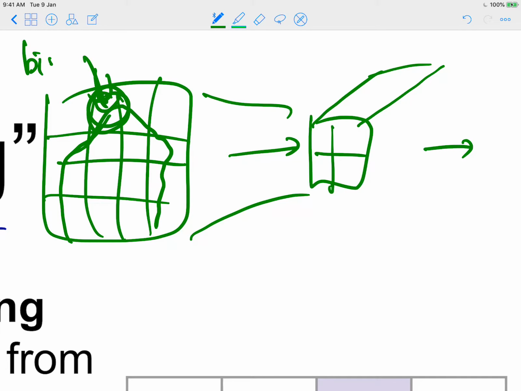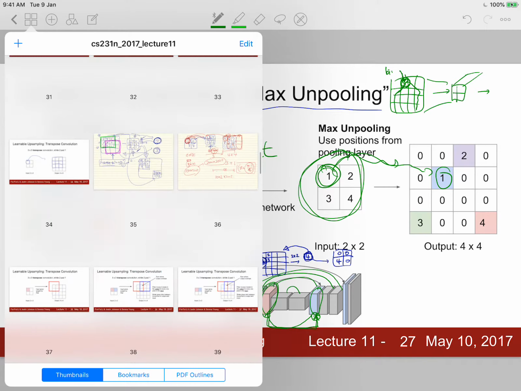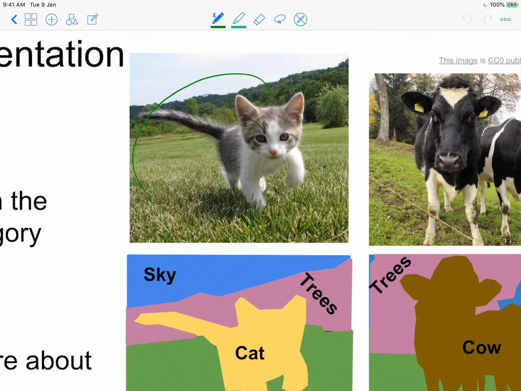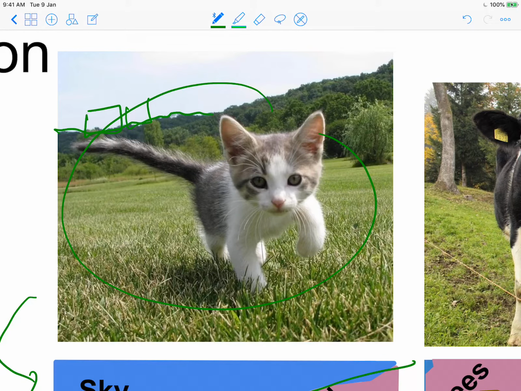If you imagine a semantic segmentation like this, let's imagine this image was encoded into much smaller downsampled images, and then we want to reconstruct its full resolution, a pixel-level classification or semantic segmentation task. This nice edge should be drawn exactly following the boundary between the sky and the trees, right?